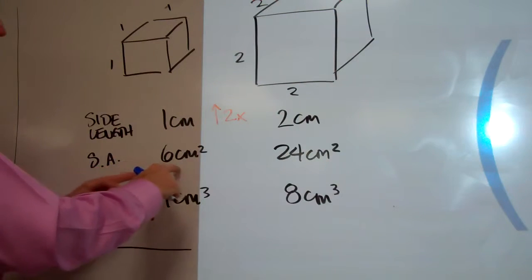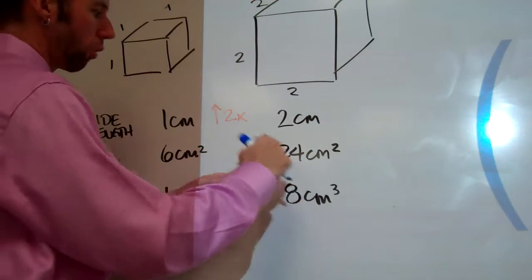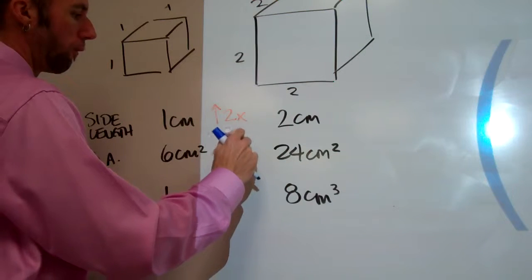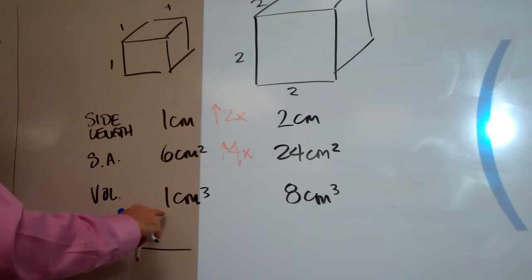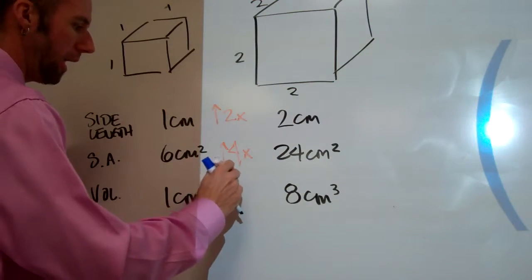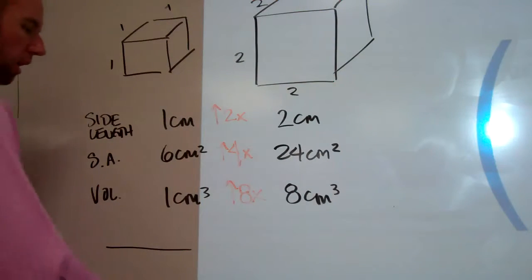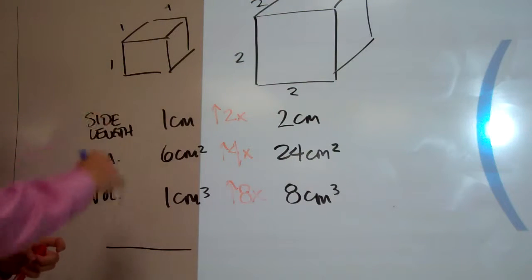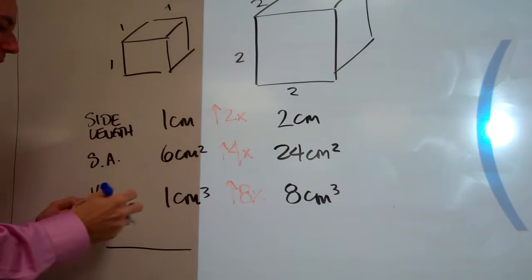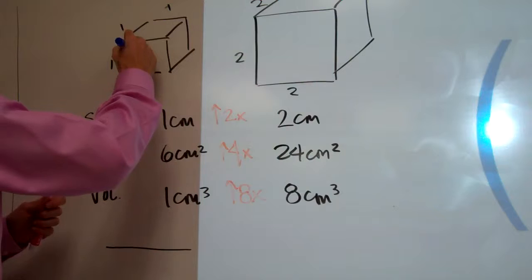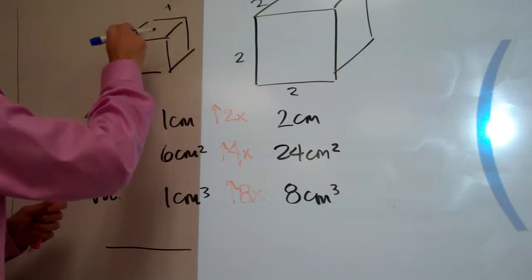But what has happened to the surface area? We've gone from 6 to 24. That's gone up 4 times. Volume has gone up from 1 to 8. That's gone up 8 times. So the volume is 8 times as much in this cube than it is in this cube. So again, remember, we've got chemical reactions that happen inside of our cells.